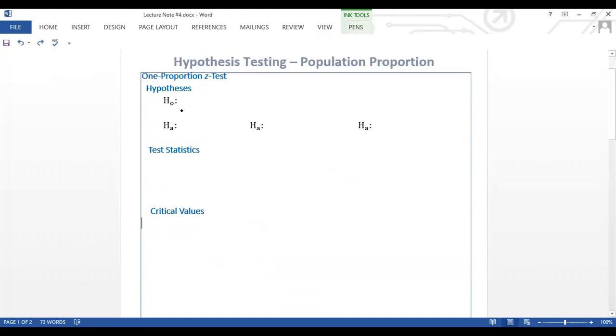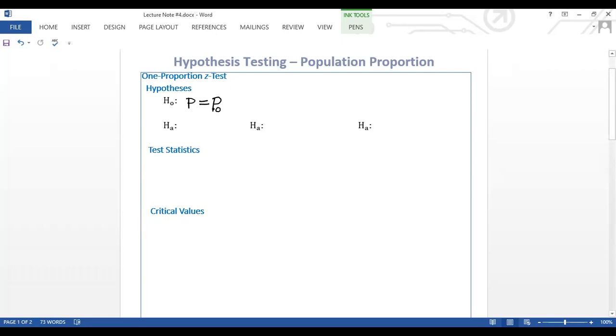Basically, this is how we define our null hypothesis. P is the proportion, or the percent, of the certain thing you are interested in, like the percent of smokers, the percent of high school graduates, the percent of Democrats, or the percent of Republicans. So in your null hypothesis, you want to test whether this percent is equal to a very specific value, which we call P0. Like if you say 30% of the population in the city are smokers, your P0 is 0.3.